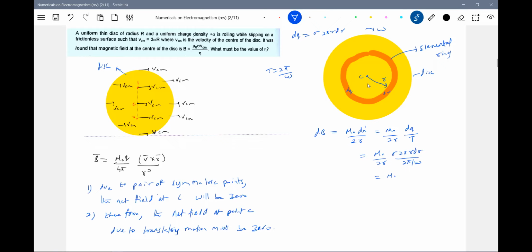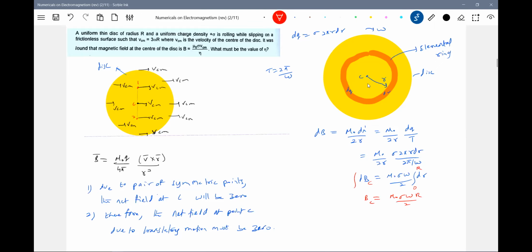So r will get cancelled, 2 pi gets cancelled, so mu naught sigma omega dr by 2. Now we put the limits. What should the limits be? 0 to capital R. The magnetic field at the center will be mu naught sigma omega R by 2.